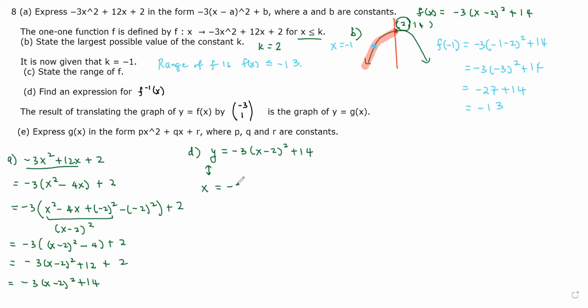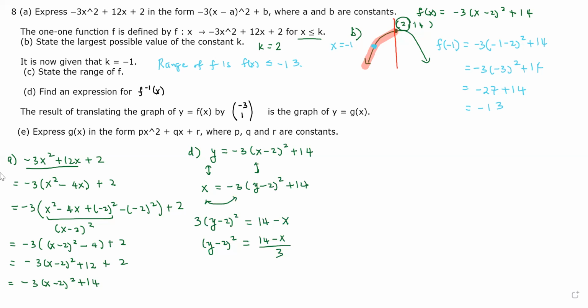So x is negative 3 times y minus 2 squared plus 14. Now we need to solve for y. We have 3 times y minus 2 squared equals negative x plus 14, so we can write this as 14 minus x. Divide throughout by 3: y minus 2 squared is 14 minus x over 3.